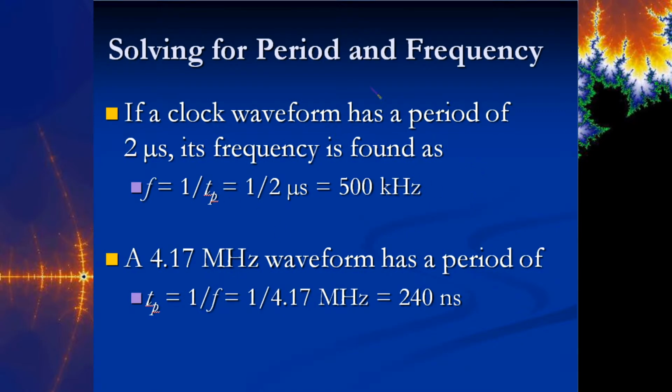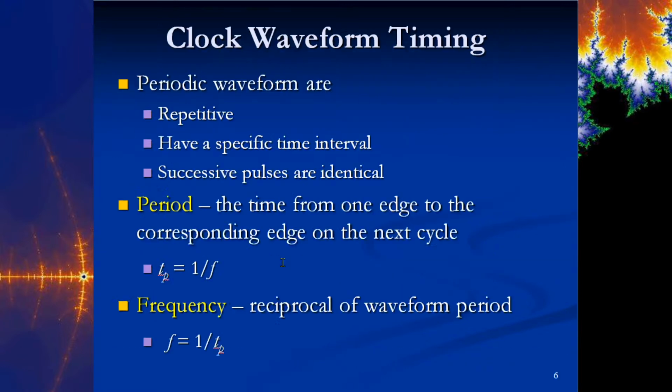If it has a period of 2 microseconds, in other words, it takes 2 microseconds to complete 1 cycle, its frequency is found as 1 over that time. So if we take 1 over 2 microseconds, now we get something that's measured in hertz. Hertz is basically cycles per second. When we're talking about these two terms, the period is how long it takes to complete 1 cycle. The frequency is how many of those cycles fit inside of 1 second.